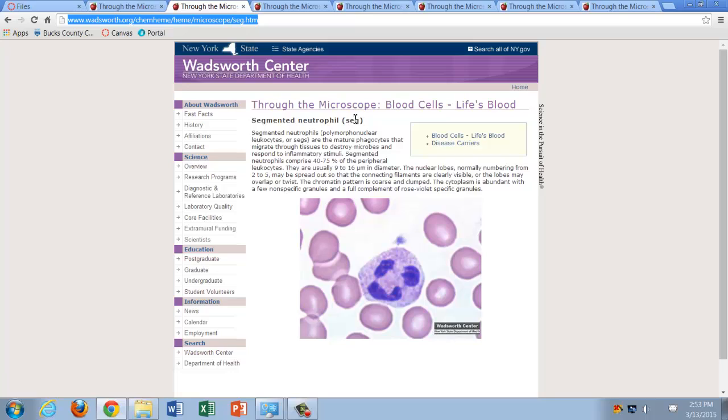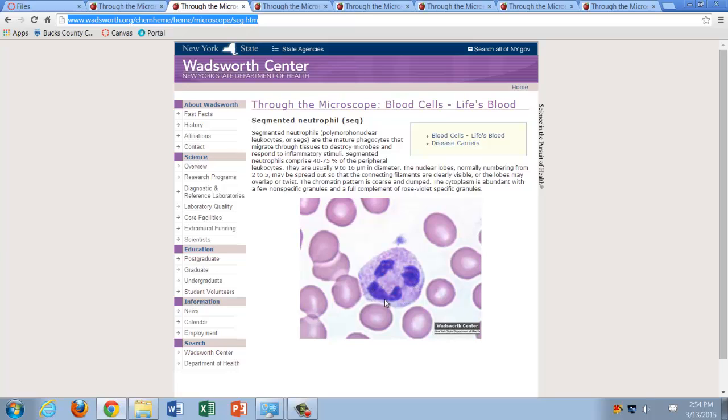Sometimes we call them segs and sometimes we call them polys, because poly means many, and there are many segmentations. So what you see in this nucleus are lobes that have these little threads that connect them, and because the lobes are segmented, we call it a seg or a poly.